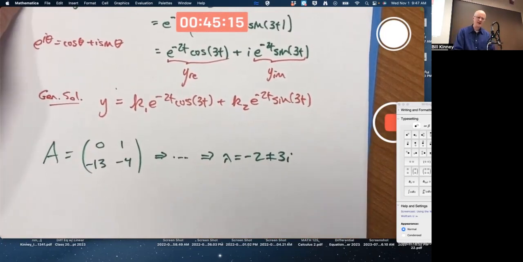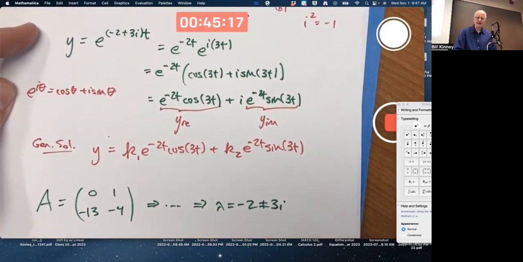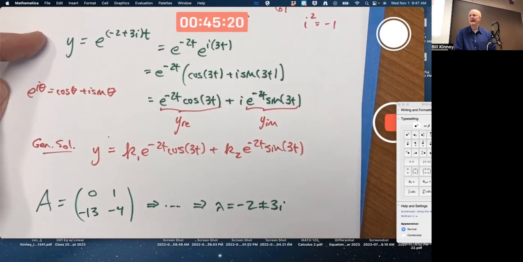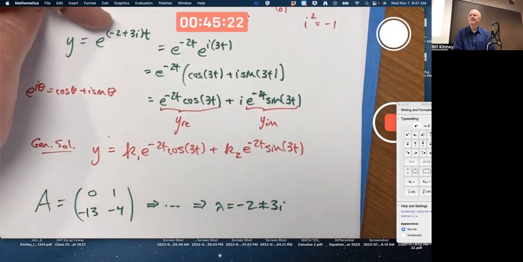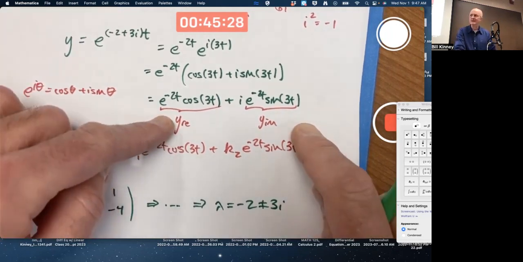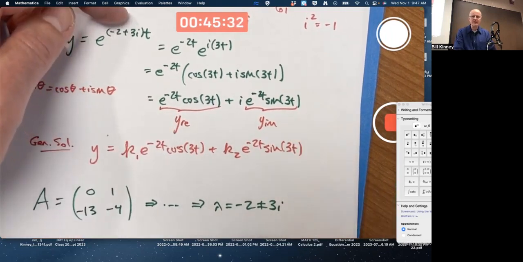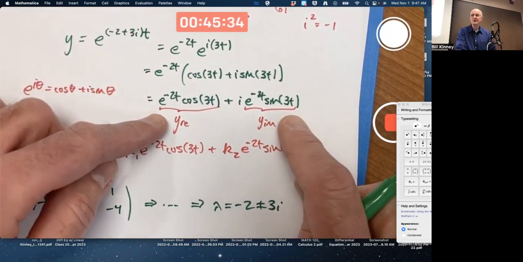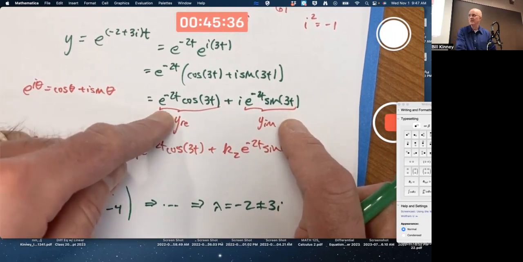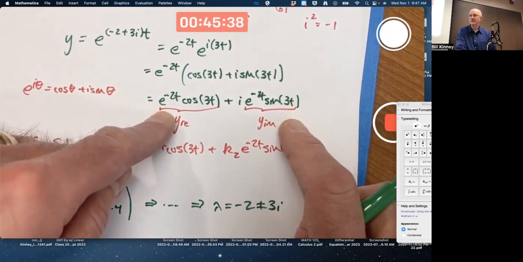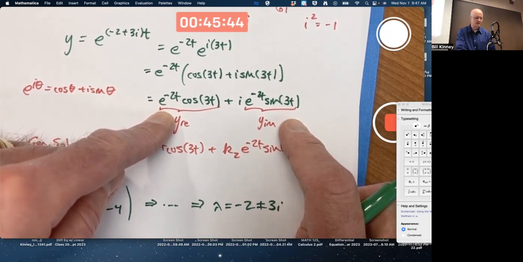By the way, notice back up here that I never thought about negative 2 minus 3i. Guess what? You don't need to, because we got two linearly independent solutions, so we don't need to bother. What if we did do negative 2 minus 3i? You'd get different things here, but they'd be equivalent to the original. They'd still be two linearly independent solutions that would still span the solution space.